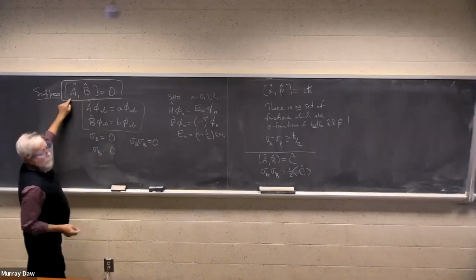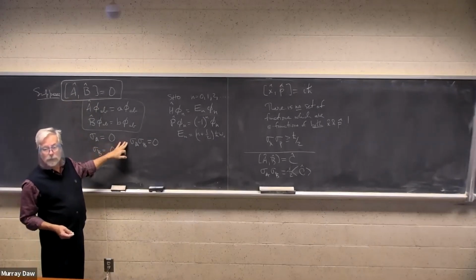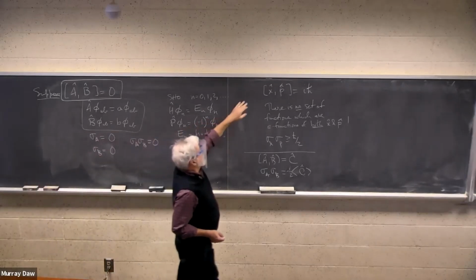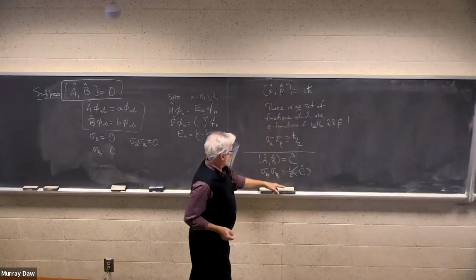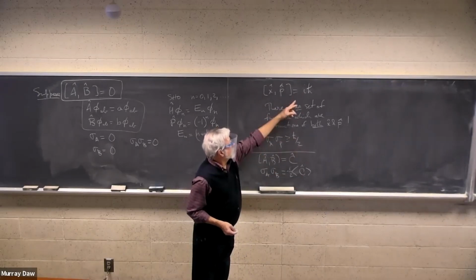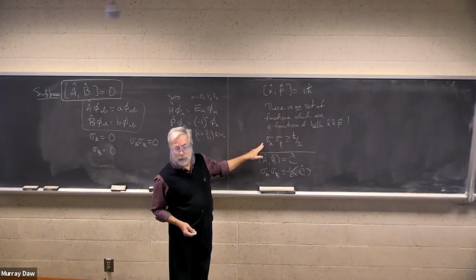If C is 0, if the commutator is 0, then you can make the combined uncertainty 0. In this case, C is just a constant, and the average of the constant would be h bar over 2. I'm sorry, i h bar here, and so we get this in this case.